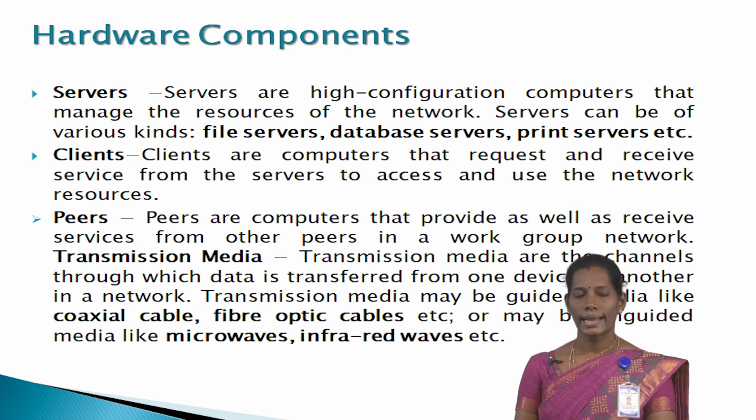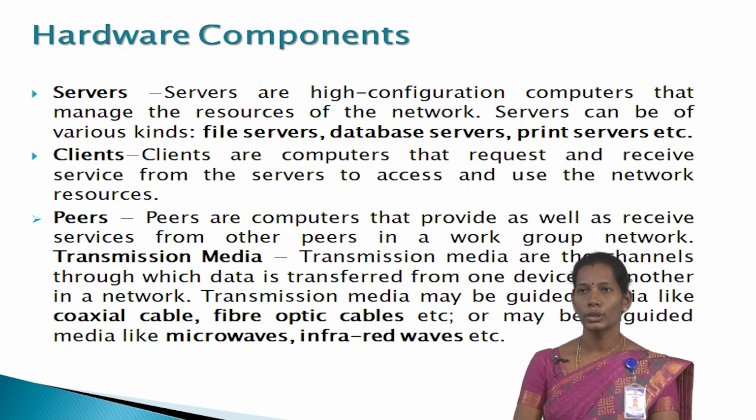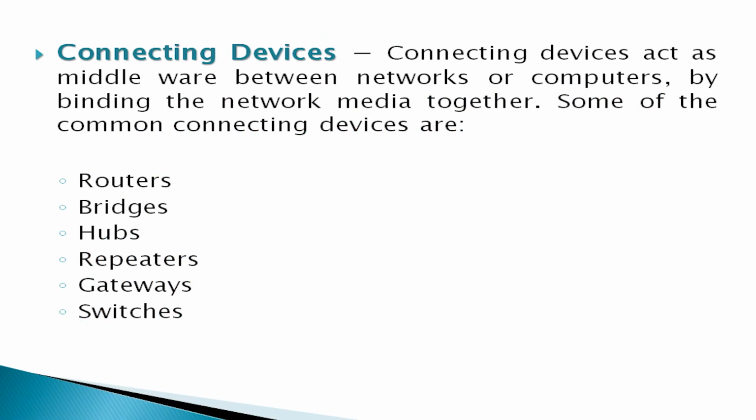And next one, transmission media. Transmission media are a channel through which data is transferred from one device to another in a network. Transmission media may be guided media like coaxial cable, fiber optic cable, etc., or may be unguided media like microwave, infrared waves, etc. Connecting devices.